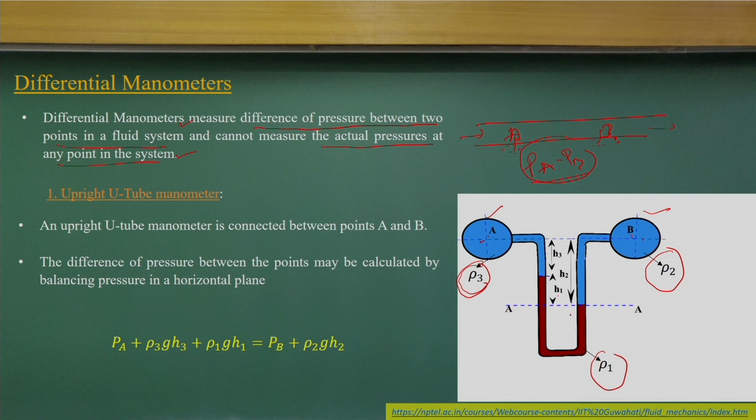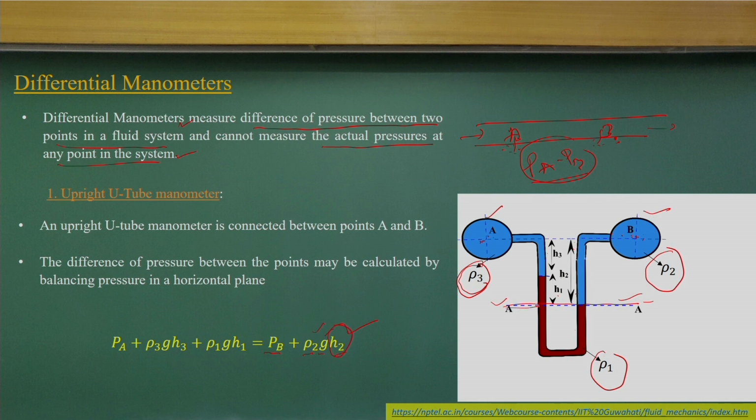Now, on the surface AA, I can equate the pressures, because as I already told you, pressure along the surface will be the same. If I start from this side, it will be PB plus rho 2 g H2, which is very clear. PB is the pressure at this point, then the difference will be rho 2 g H2, where rho 2 is the density of this liquid.